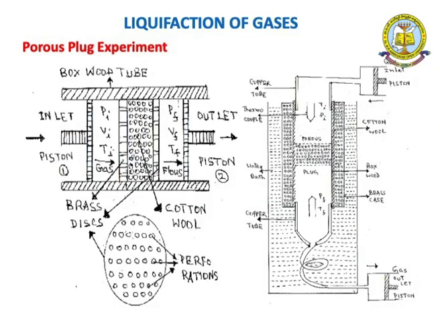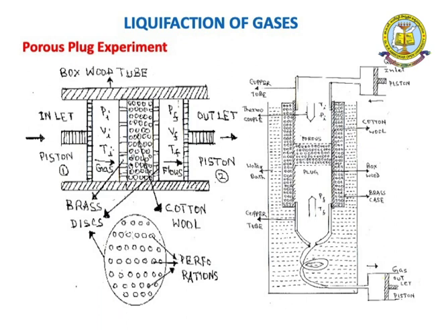You can also see this in the diagram. At the topmost, the gas is entering and the piston moves, and the gas escapes through the porous plug from the left hand side region.